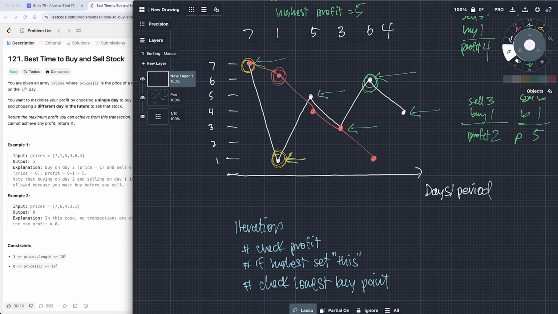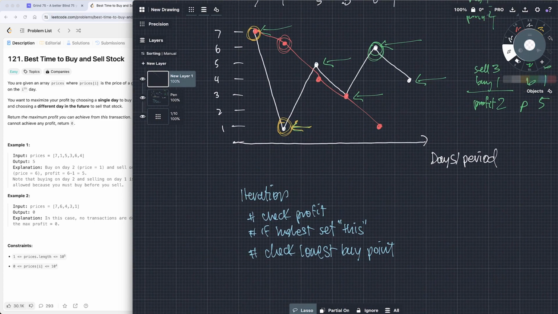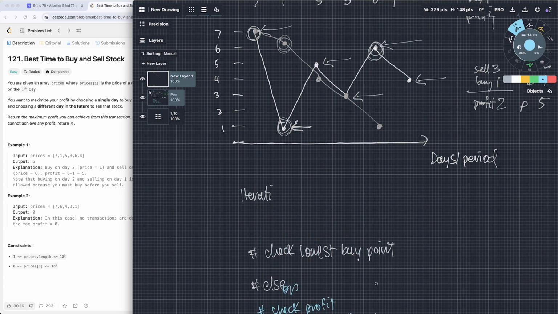Now, when we're setting a new lowest, it's probably not going to be a profit, right? Anytime you see the lowest price possible, probably not going to be a profit. So maybe in this iteration, if you check the lowest, you set the lowest, else you check the profit.